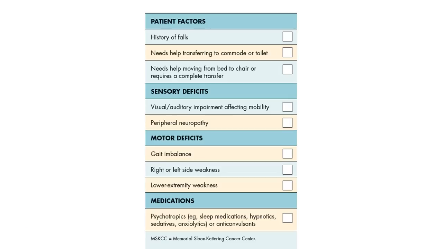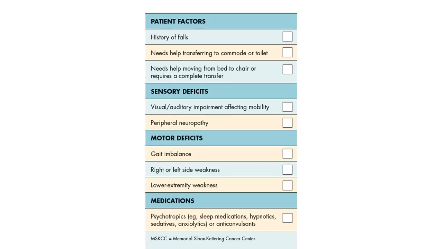Yet another scale, this one from Memorial Sloan Kettering Cancer Center. Here again, looking at history of falls. Does the patient need help transferring to the toilet or commode? Do they need help going from bed to chair? Do they have visual or auditory impairment affecting mobility? Is there the presence of a peripheral neuropathy? Do they have gait imbalance?